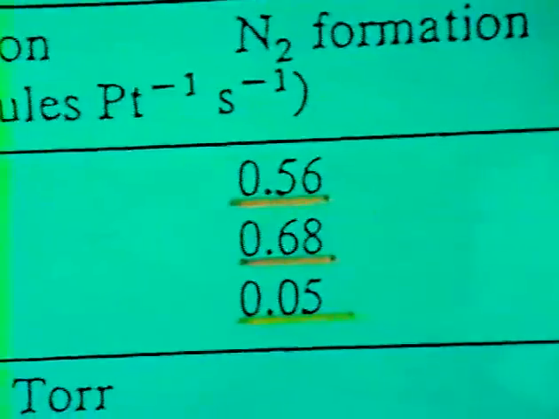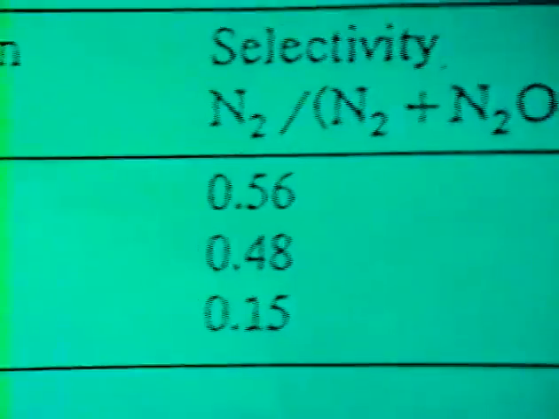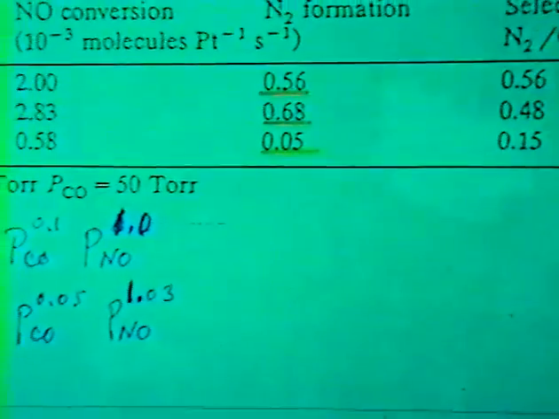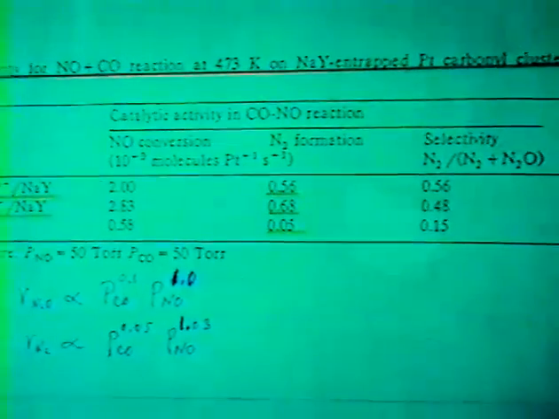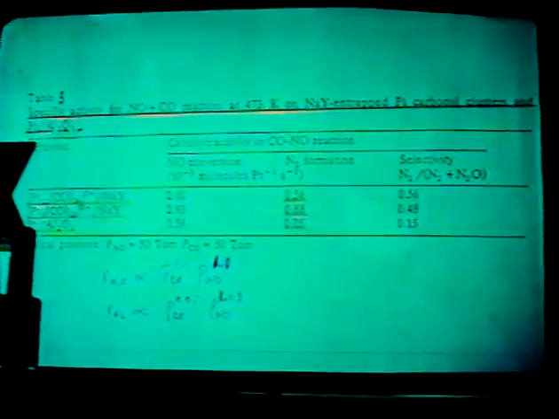And we studied the kinetics for this NO reduction with carbon monoxide and suggested the rate law that it is roughly zero order with respect to the carbon monoxide partial pressure and first order in the nitrogen oxide pressure.